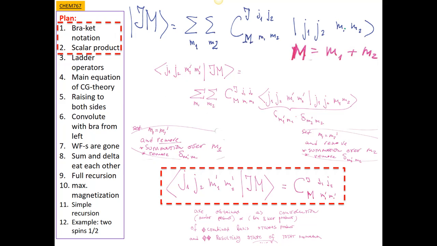J1, J2, M1 prime, M2 prime, J capital, M capital equals, now we do not have summation, but we still have the coefficient. J, M capital, J1, J2, and we replace M1 with M1 prime, and M2 with M2 prime. And we do not have delta functions, because they disappeared because of the math.